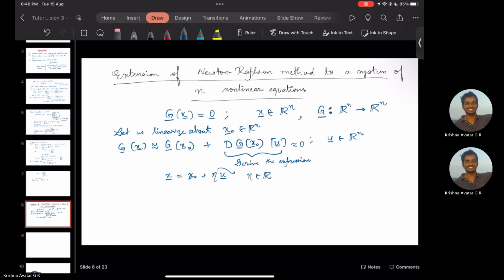However, we started with some x naught vector, and u vector is some direction in which we would like to increment, or u vector is the increment that we want to compute, isn't it?